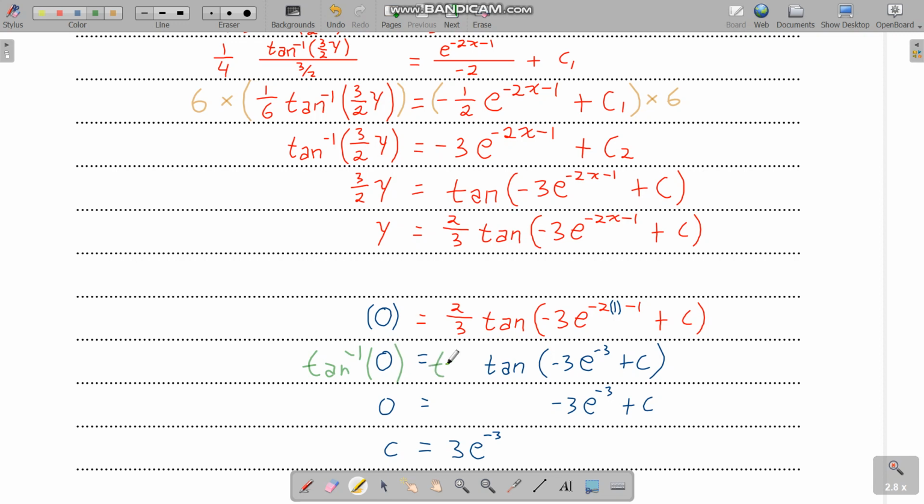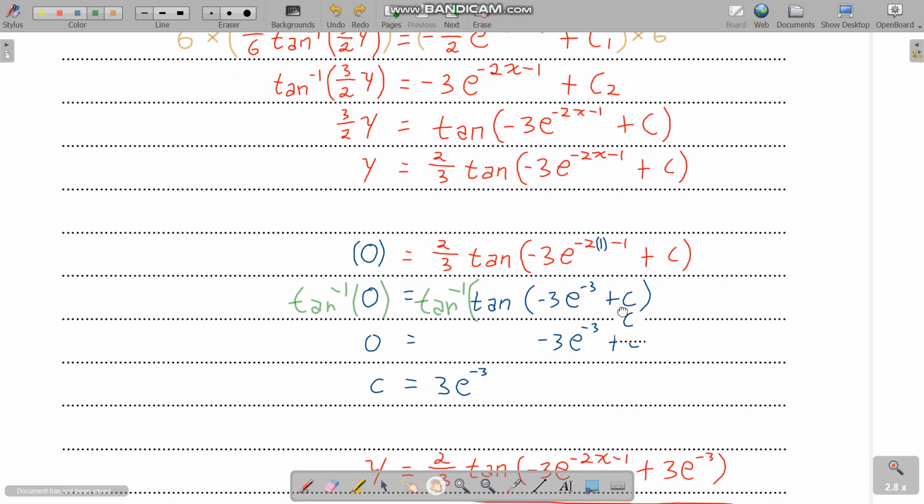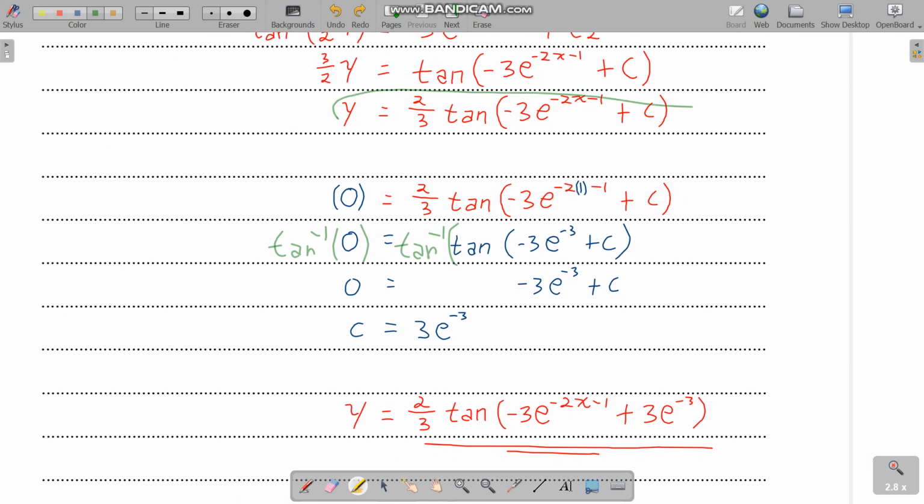So if you do inverse tangent 0 using a calculator, you will get 0. So inverse tangent 0 is 0, which means c, if you move it to the left here, c equals 3e to the minus 3. So the particular solution is exactly like this, but we know the c is 3e to the power of minus 3.